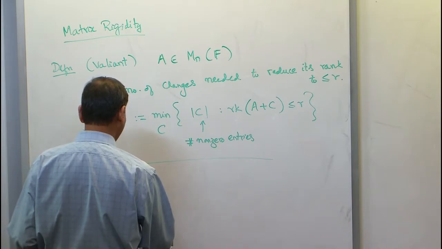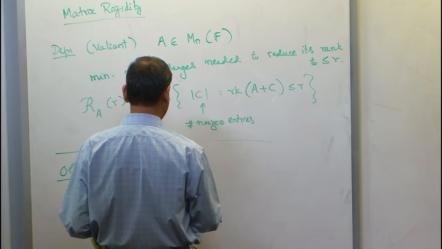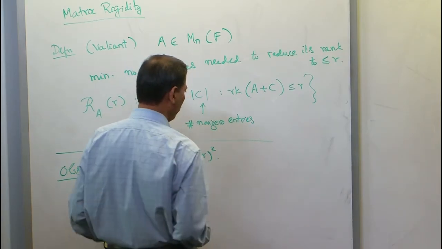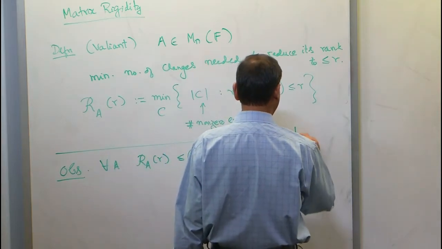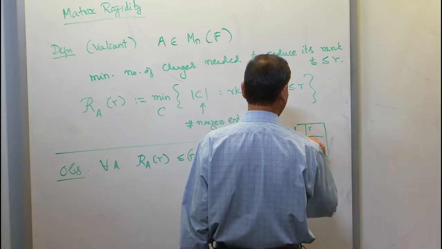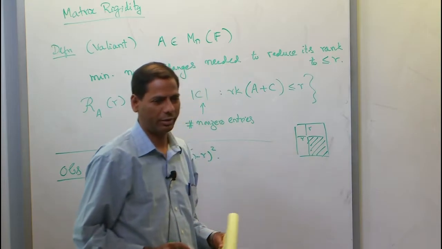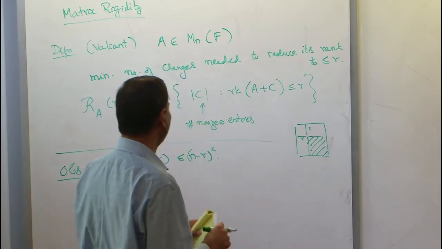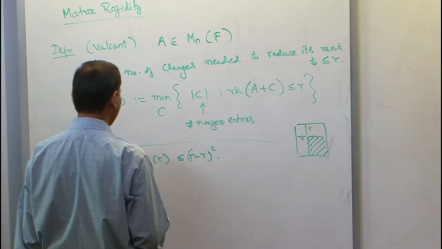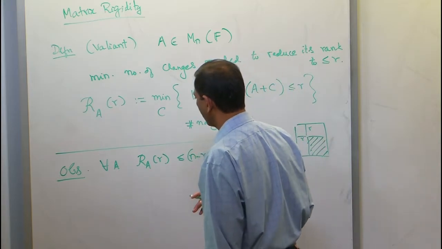So for all A, and all A are n by n matrices for us, you can show you only need to change, you take some R by R minor, and then change everything in the complementary minor, and you can make sure that the rank is at most R. So that's an easy upper bound. What about lower bounds?